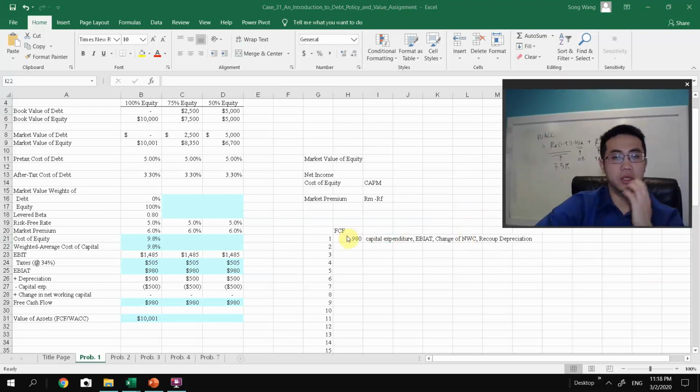Okay, so that's the total free cash flow for the entire firm.